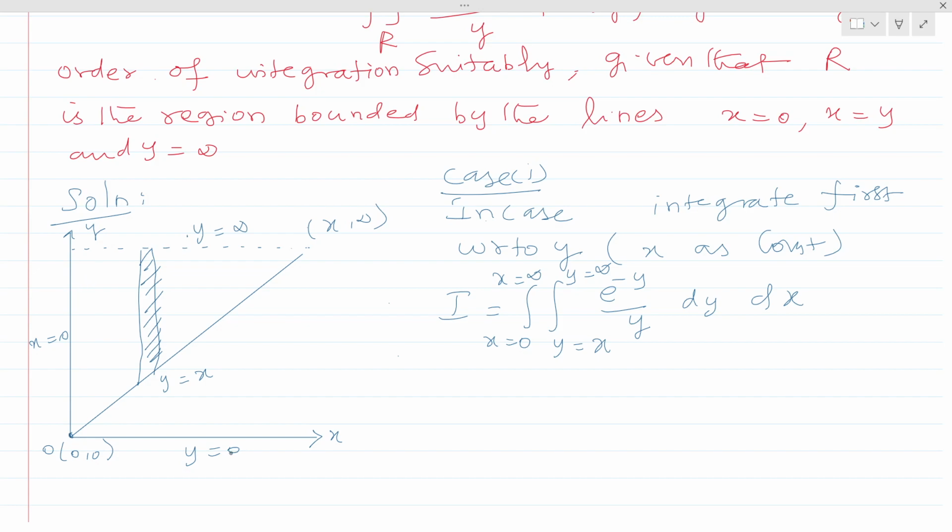Then we can see that here the choice of integration is wrong, because if we integrate with respect to y, we have to use integration by parts, but it is e power minus y into y power minus 1, is it not? So both of them, it is exponential and it is the inverse, so it is somewhat difficult to integrate. Therefore we have to change the order of the integration.